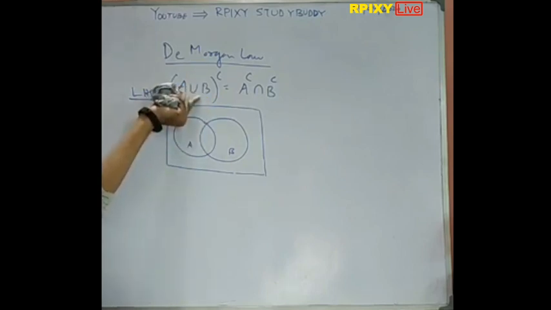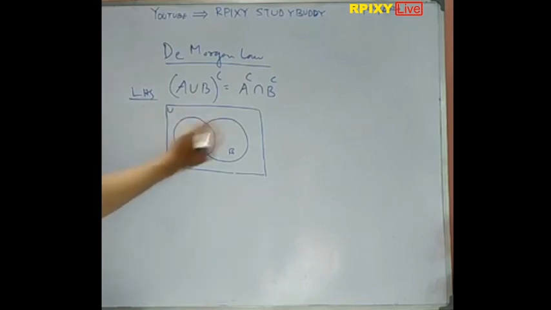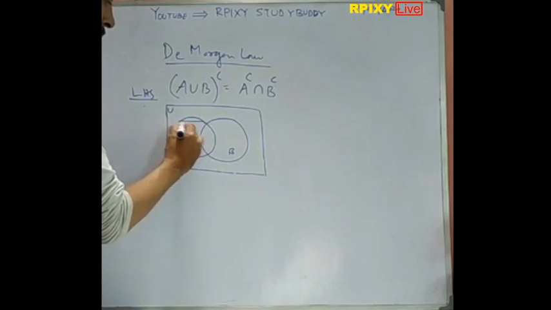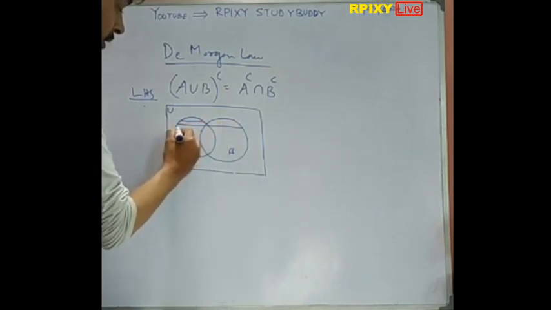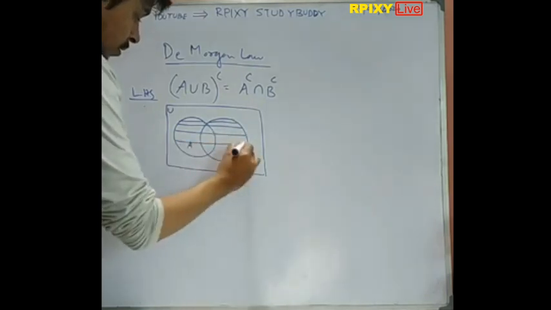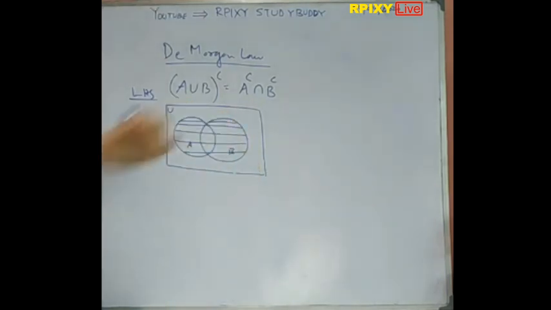A union B. We know that A union B means we have to take all the region of A and B. So this is A union B.